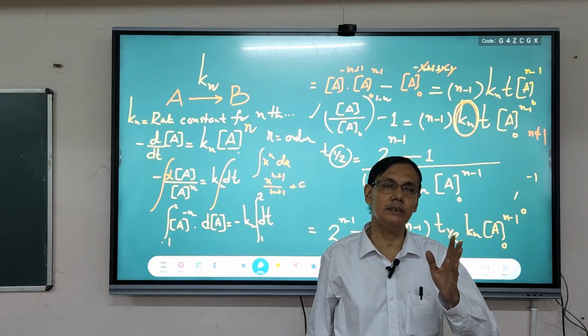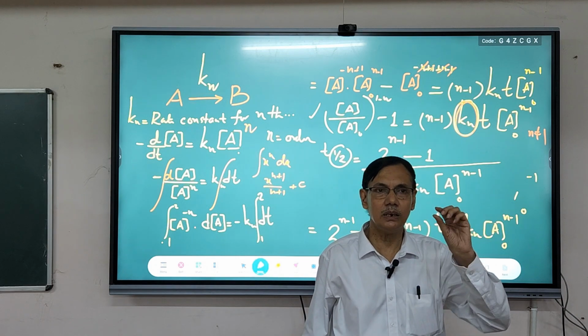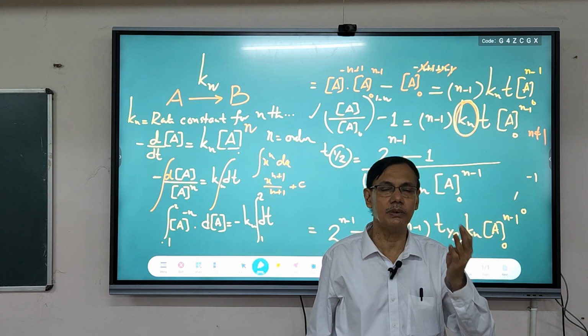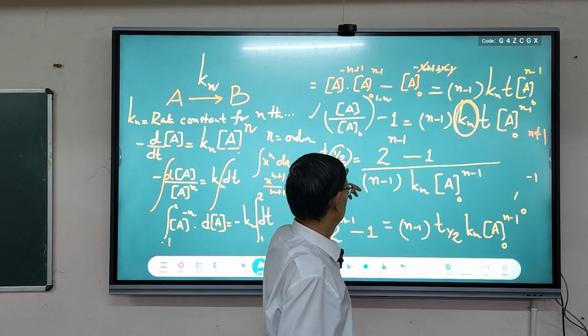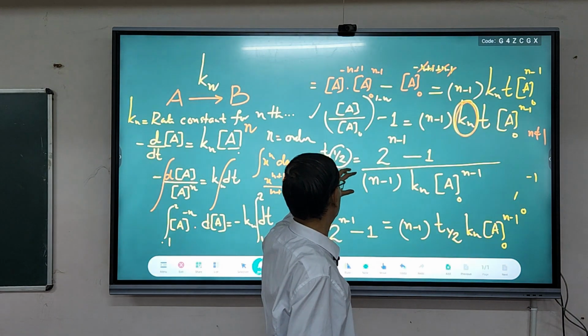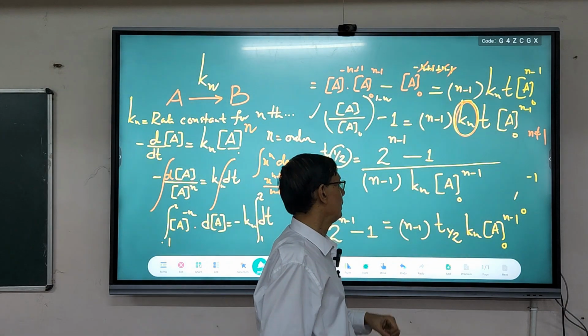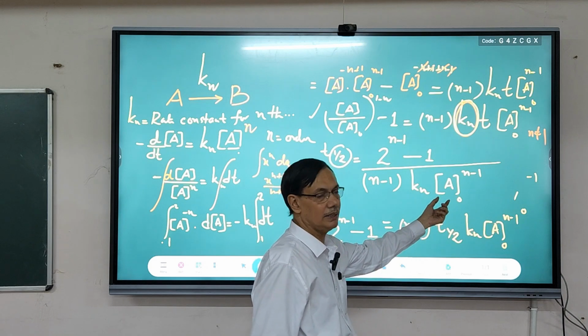In order to determine the half-life, you have to change the initial concentration of hydrogen peroxide. Suppose we need the 3 half-life or the 4 half-life like that. Because if you want to plot a graph between the half-life and A0, we need at least 5 or 4 different concentrations of the A0.